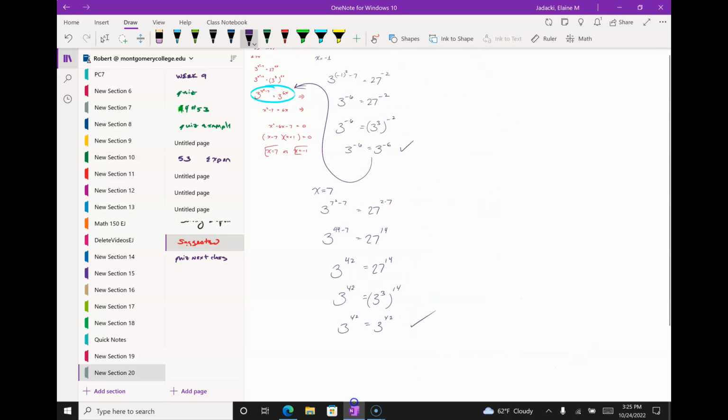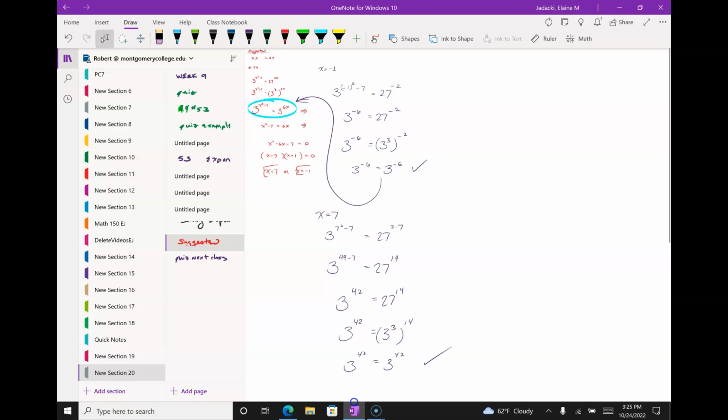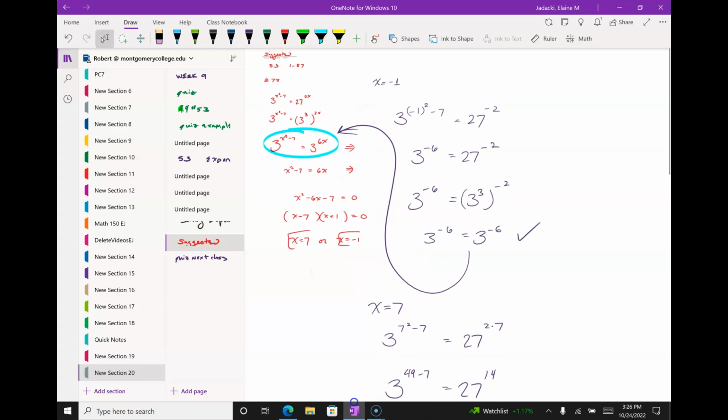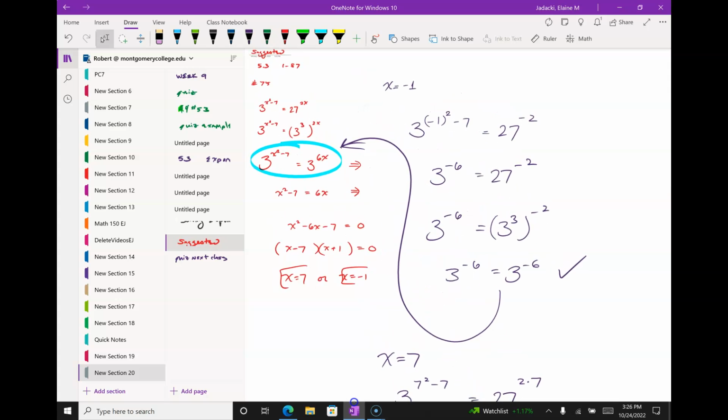So I want to check both until I see that I don't have extraneous. Yeah, and I checked them both in the original. So you just put it in wherever x was? Yep.